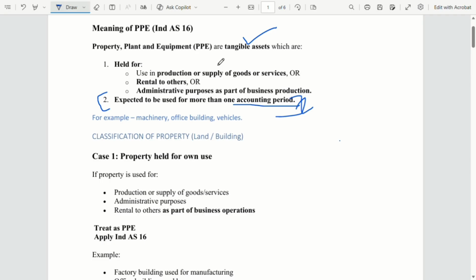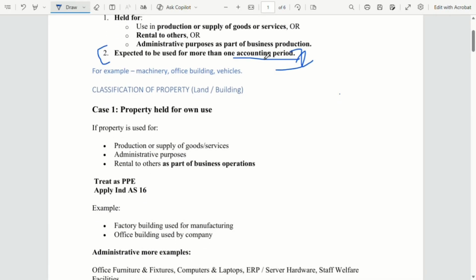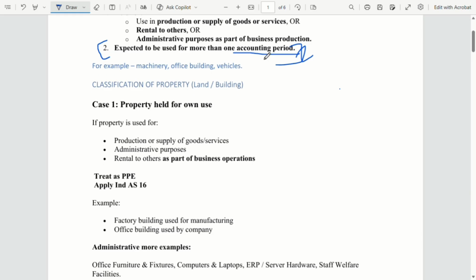Please note this also, that if the asset is for more than one accounting period, then only we will consider that asset as PPE as per Ind AS 16. Otherwise, the cost of an asset which is for less than one accounting period, the whole of it is expensed out. Okay, next.